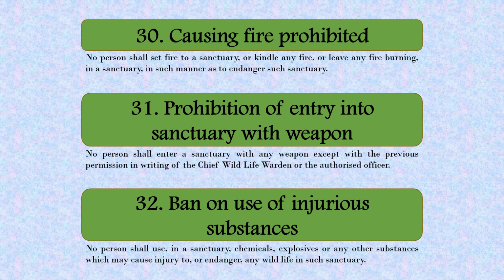So nobody can enter inside the sanctuary with any weapon, but the chief wildlife warden can allow the passage of any person inside the sanctuary with a weapon if, prior to entering, they have the permission of carrying the weapons in writing. Then only they can be allowed entry.